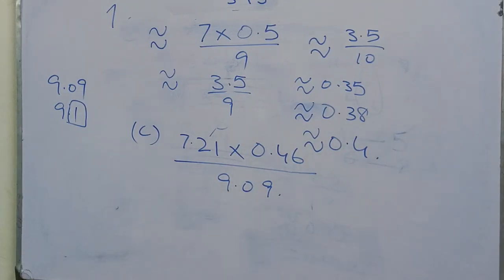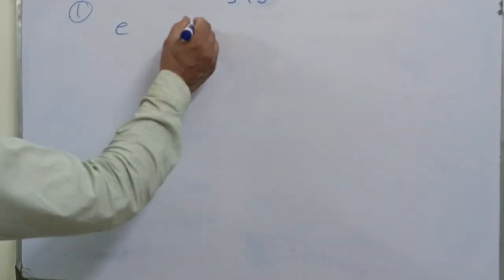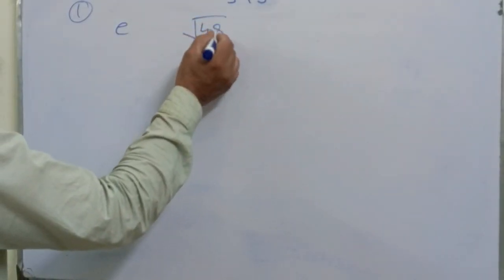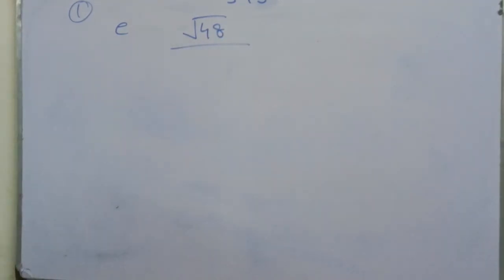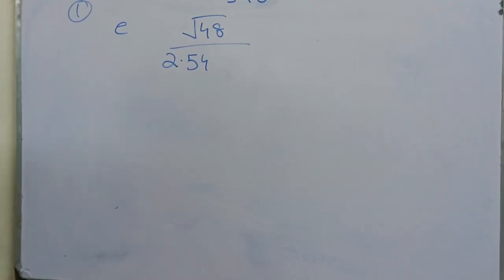So let me solve another question for you, and that is, now dear students, let me take question number E. Question E, that is question number 1, part E. Root 48, and now it is divided by 2.54, and it is being added.